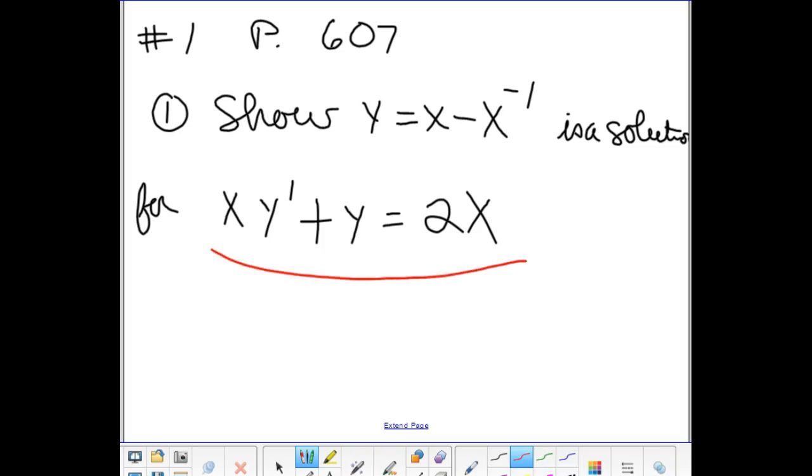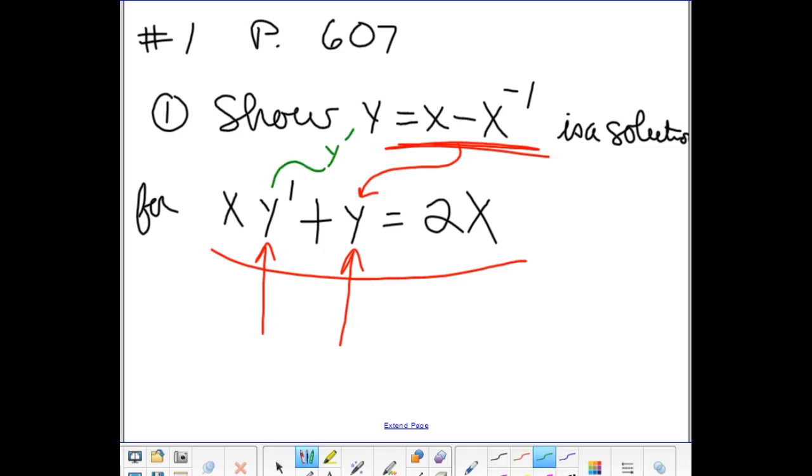This is a differential equation because it has some function and one or more of its derivatives. Show that this is a solution. Which means when I plug this in for y, and then plug the derivative of that into there, it should give me a true sentence.